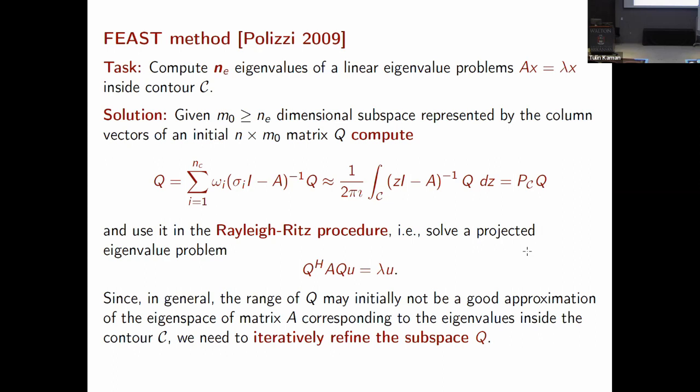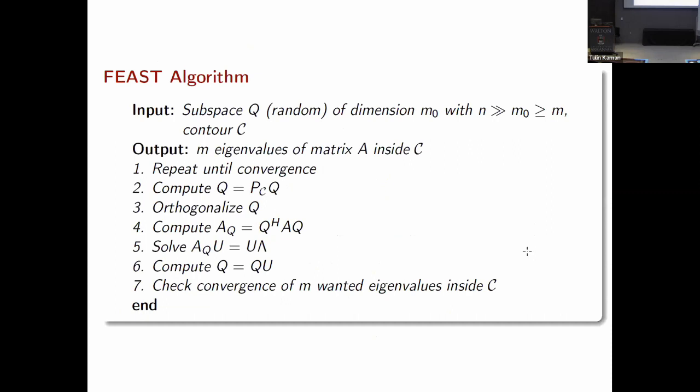We calculate the eigenvalues and eigenvectors of this projected problem. And since M0 is larger than the number of eigenvalues of interest, we can always get the approximate values for our eigenvalues of interest. Okay, this is how the FEAST algorithm looks in practice.